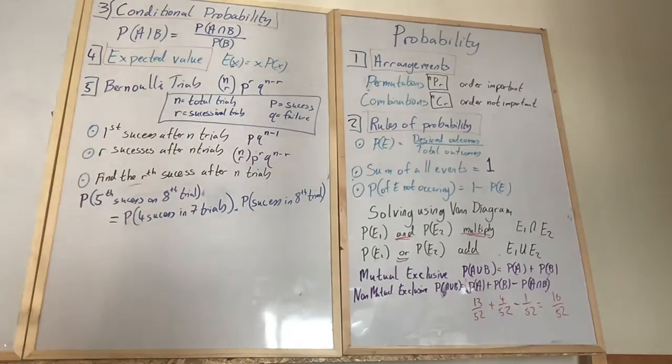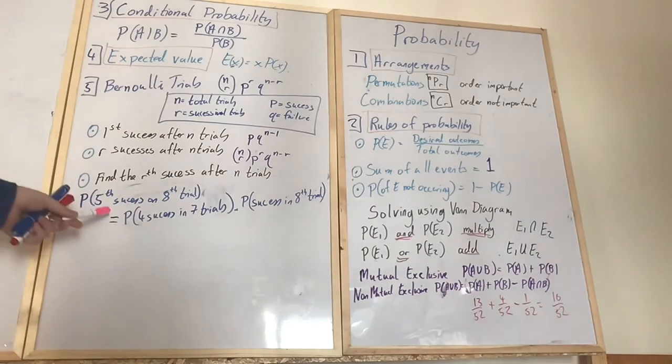If it says that the 5th success has to be on the 8th trial, we will use the formula like so.